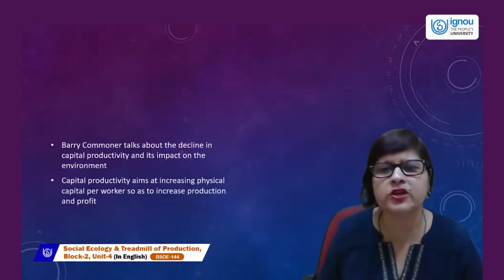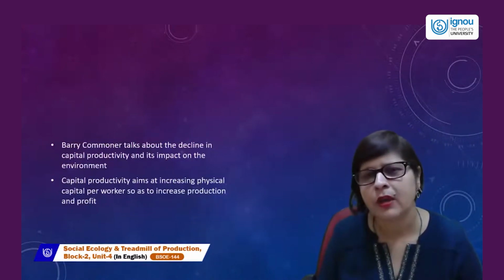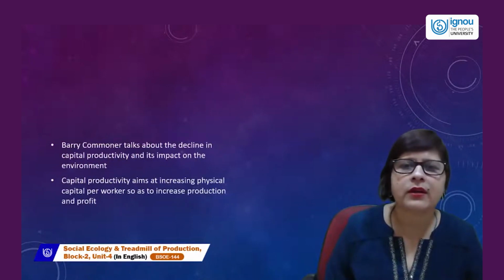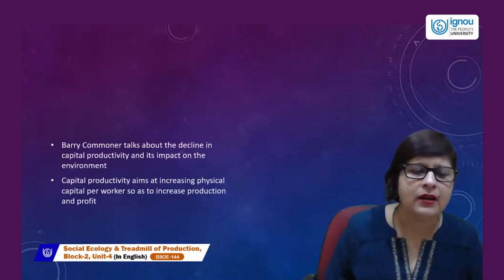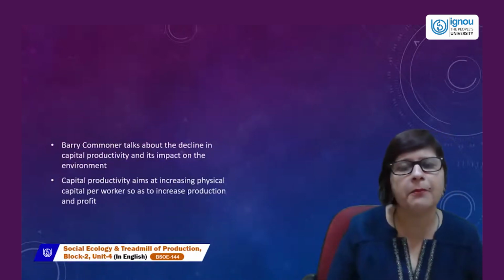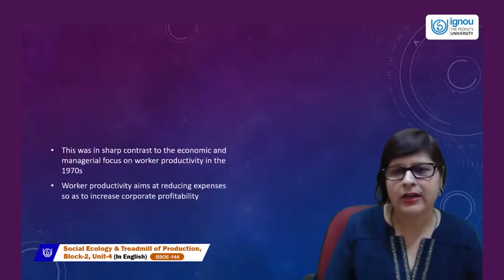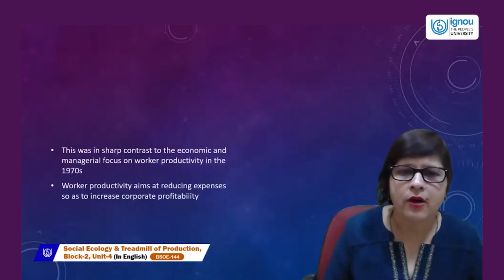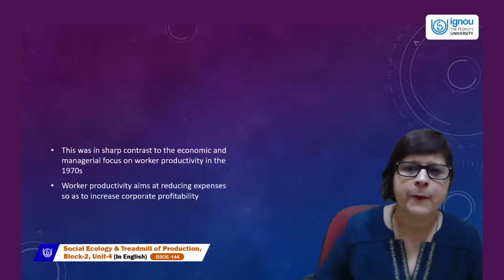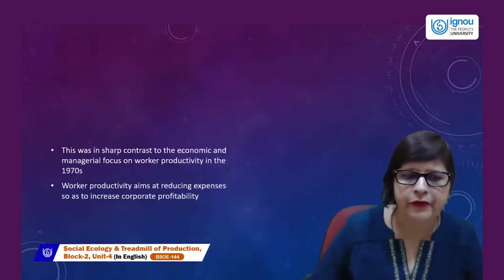When there is more production, the owner can earn more profits, right, at the cost of the worker. That is, capital productivity is the increase in the physical capital per worker, right? The worker should work for longer hours to produce more, so that the owner can earn more profit.